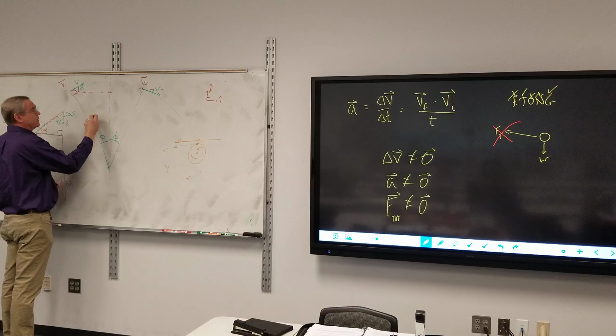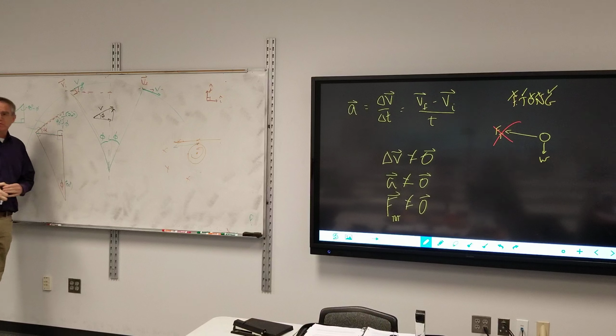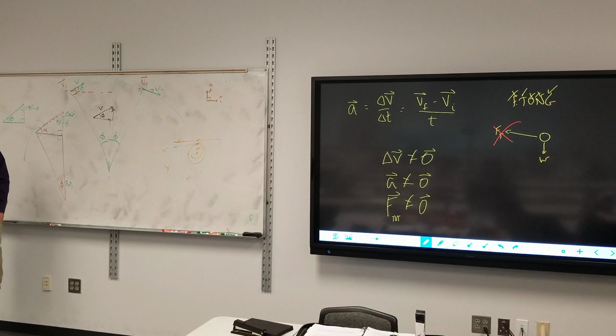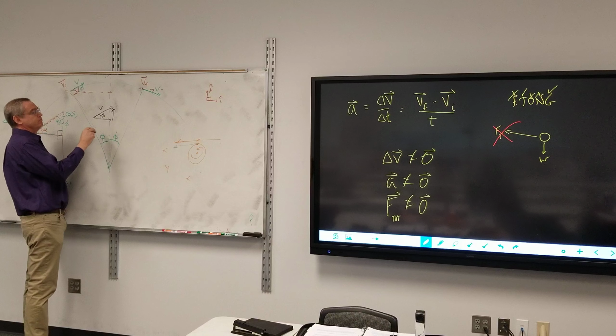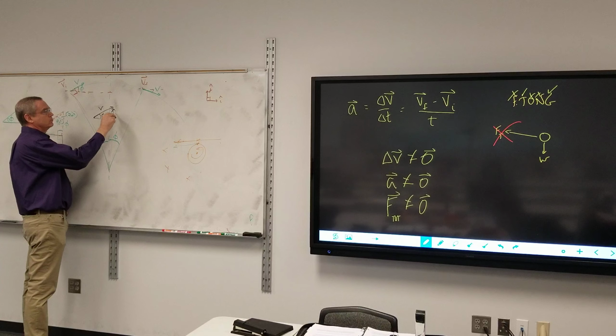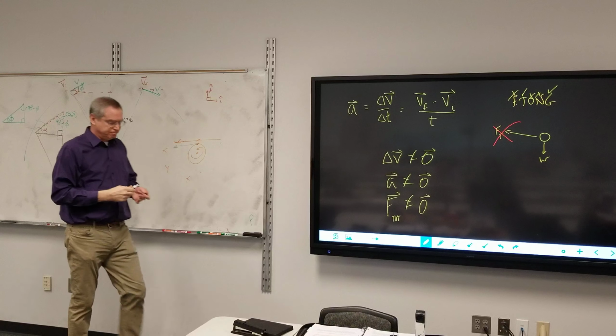I have this vector v at this angle phi, and I want to break it up into horizontal and vertical components because that's the way I set up my axes. So v sine phi is the vertical one, and then v cosine phi.